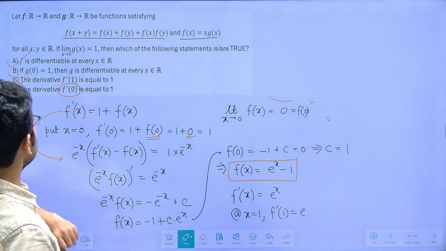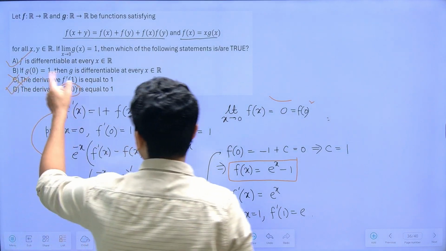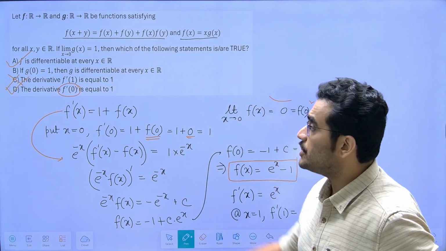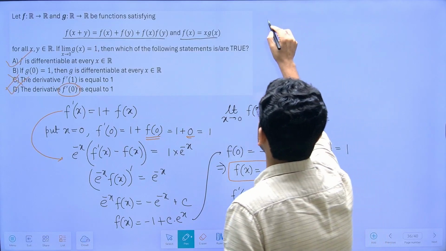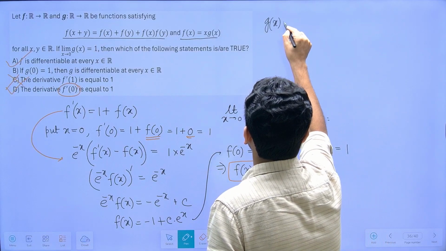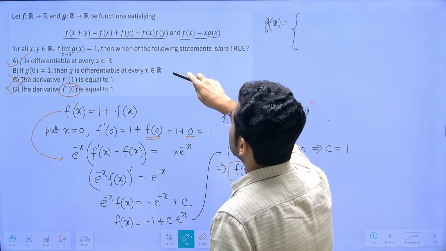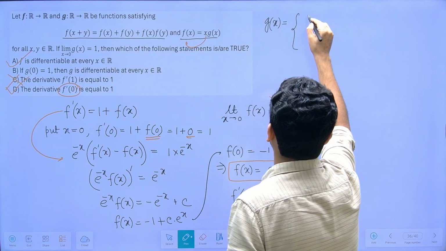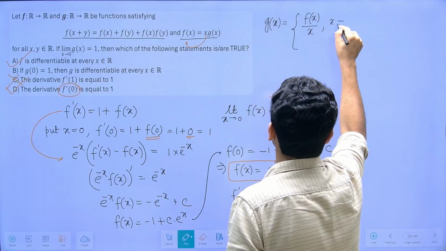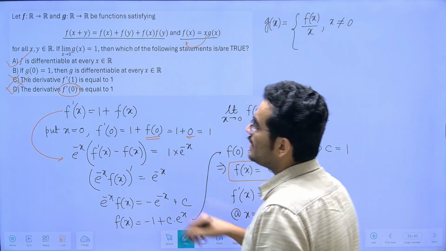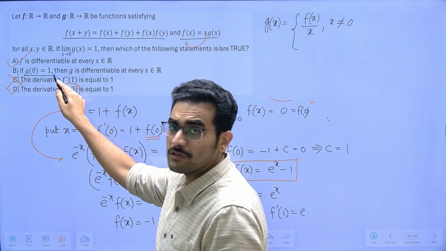And option B says that g(0) equal to 1, then g is differentiable at every x belongs to R. Now let us define the function g(x). g(x) is equal to f(x) by x, of course when x is not equal to 0, and it is given that at 0 the function value is 1.